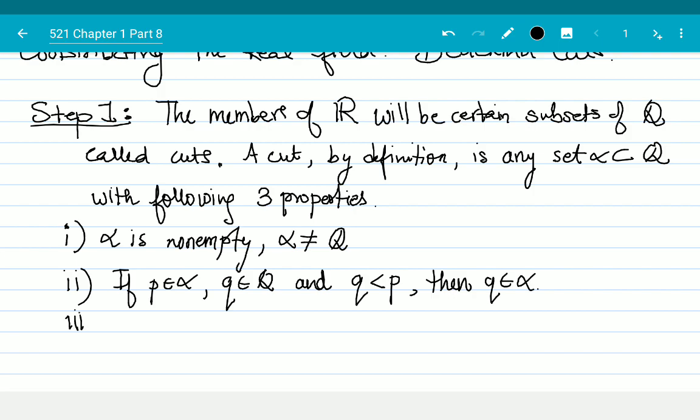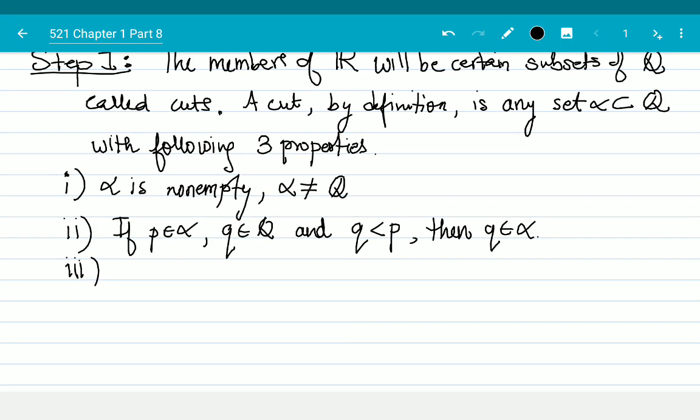Now, with the preface that you know what intervals are in real numbers, you're looking more or less at an interval from negative infinity to whatever the number alpha is going to be. That is what is going to be a cut. But if you don't have negative infinity as a number and you don't know what real numbers are, you can't define the interval, right? So this is what it is defined as.